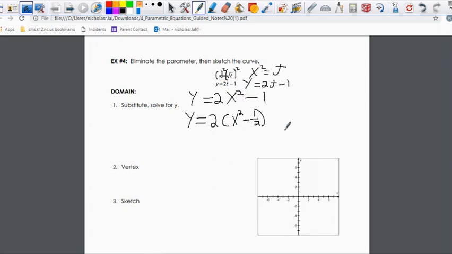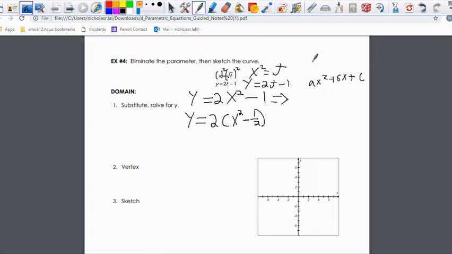But if we really wanted to get into vertex form here, we could complete the square, because this is in the form negative b over 2a, okay? So this is a quadratic equation. That's one way to do it. And it's in the form, remember, quadratic equations form ax squared plus bx plus c.